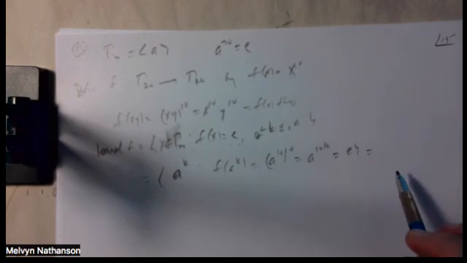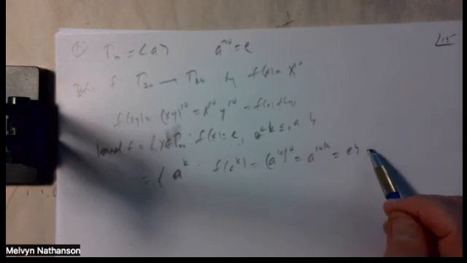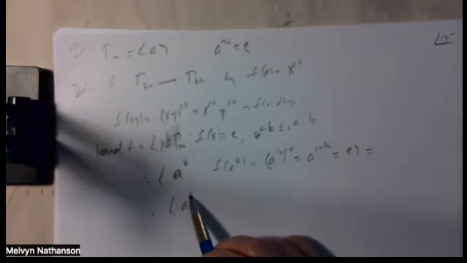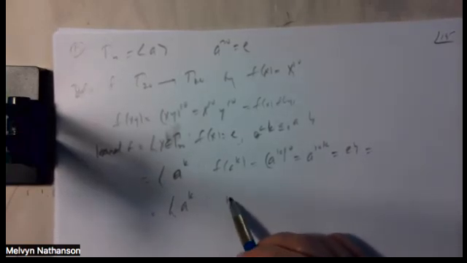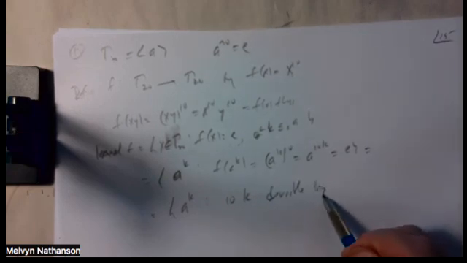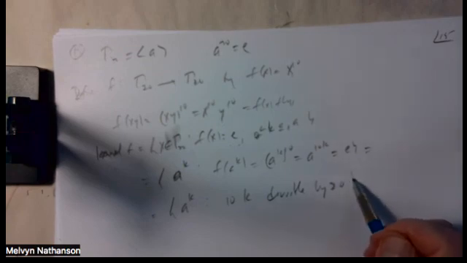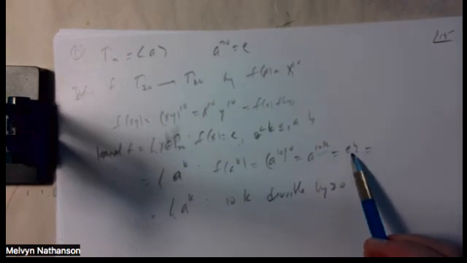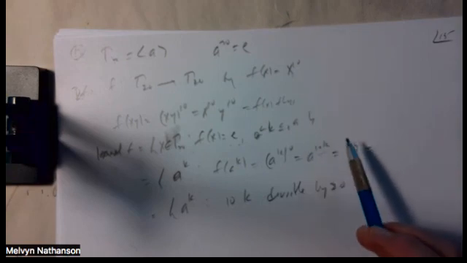So this is all a to the k where 10k is divisible by 20, right? A to the exponent 10k is the identity precisely when this is a multiple of 20.